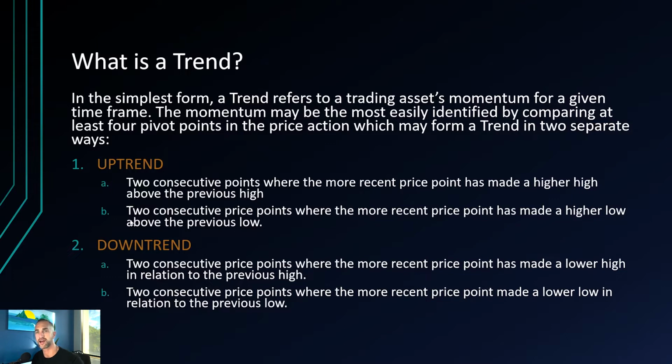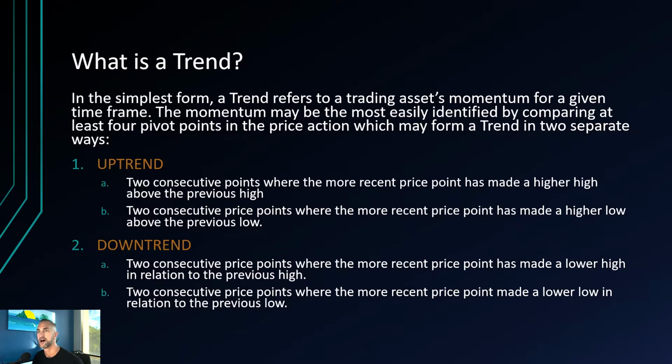And what is a downtrend? A downtrend is 2 consecutive price points where the most recent price has made a lower high in relation to the previous high, and 2 consecutive price points where the most recent price has made a lower low in relation to the previous low.